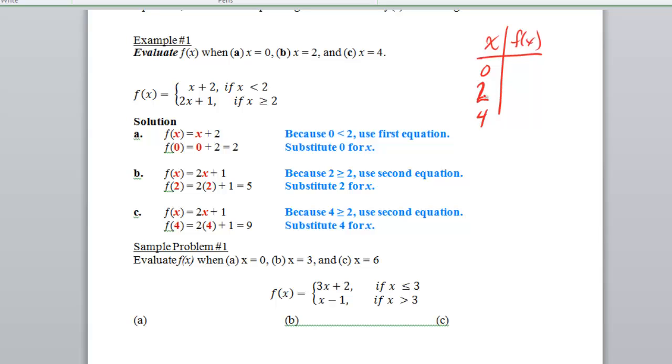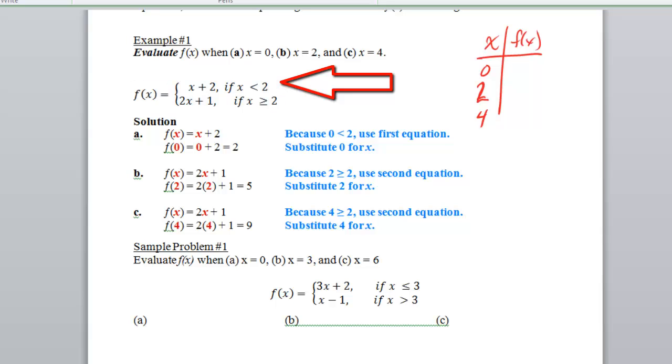And so you're going to plug in those values for x. However, the key here is this. Depending upon the value of x that we're plugging in will be determined which function piece we're actually going to evaluate. And so let's take a look at part A. If you look at part A, it says that we're going to evaluate 0. Well, 0 is less than 2.